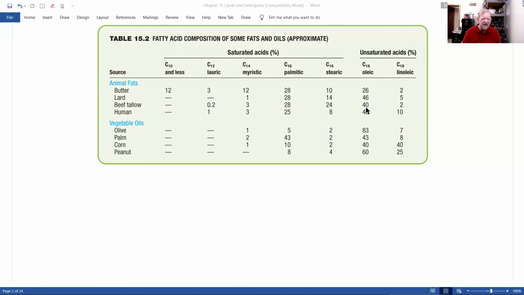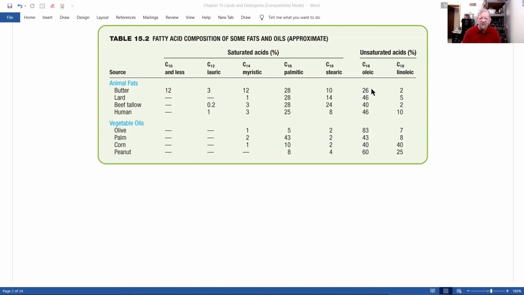About 50. And tallow is closer to 52. So there's an equal amount of saturated and unsaturated fatty acids, which means the R group on the triglyceride has an equal amount of saturated and unsaturated R groups.